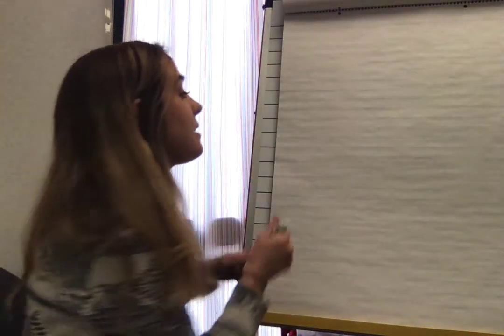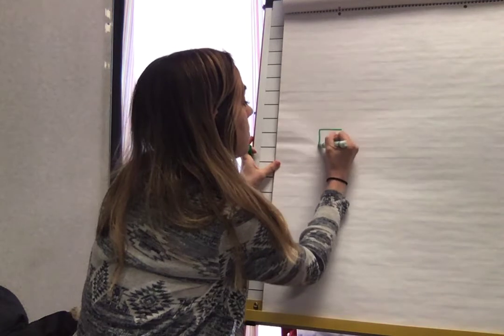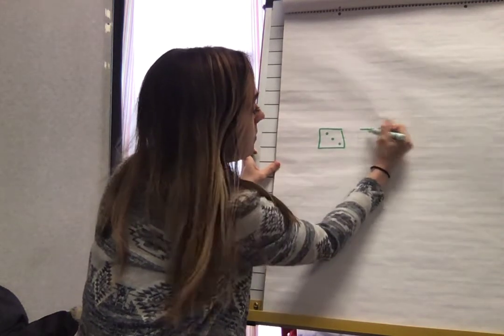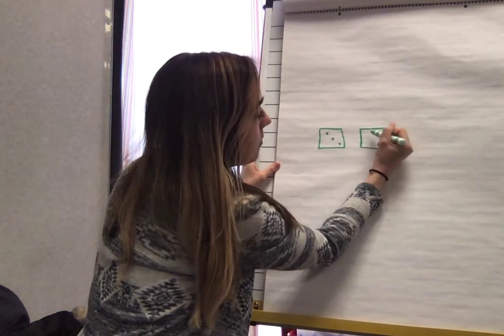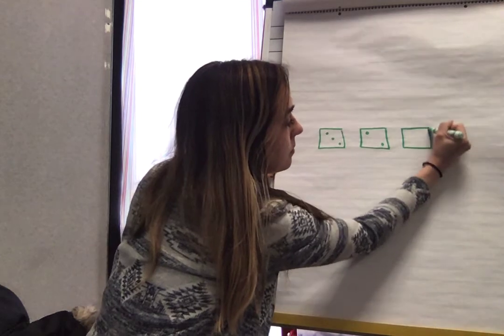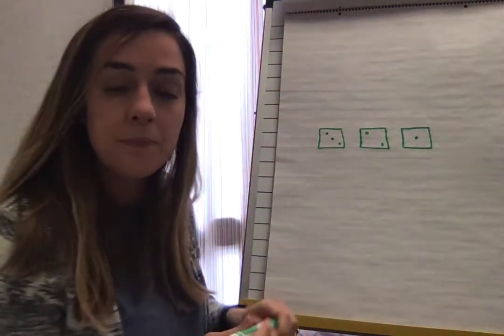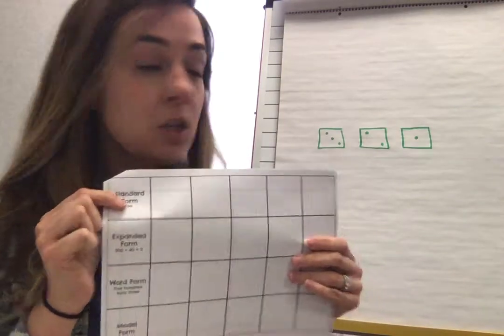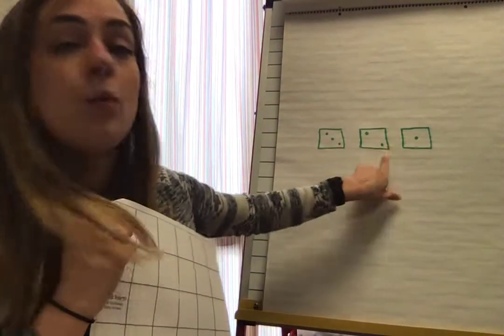So say I rolled, I'm going to turn the page real quick. Say on those dice, I rolled a 3, a 2, and a 1, I would use what I rolled to make my 3-digit number. So my number would be 321.